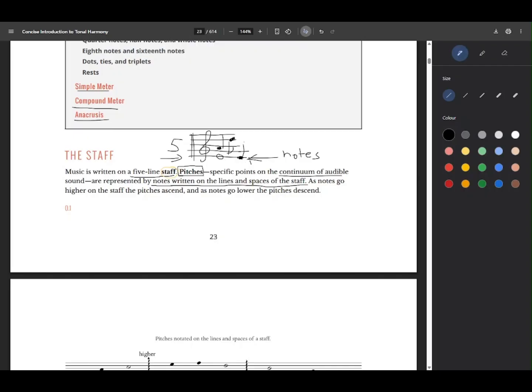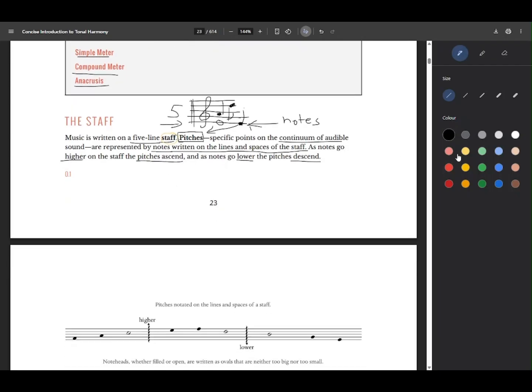Each one of these notes corresponds to a pitch, which is a sound that is produced by our instruments. As notes are higher on the staff, the pitches ascend. So the higher we go on these lines, the higher the sound of the pitch we get. And the other way, the lower we go, the pitches descend.